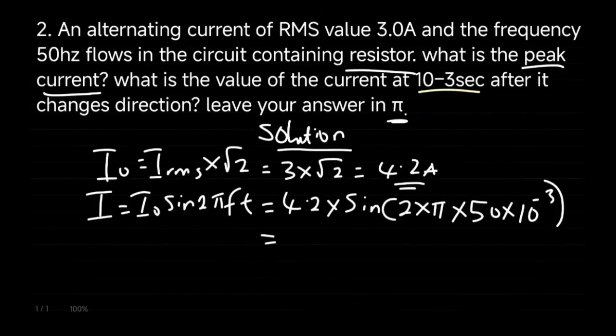So therefore 4.2 times sine bracket open 2 times pi times 50 times 10 raised to the power of minus 3 will give us approximately, you write the answer and put it in the comment section, mentioned in ampere. So I want to see the answer in the comment section.